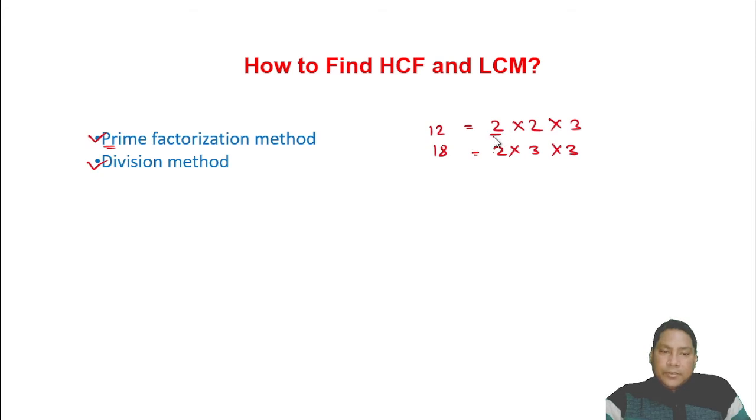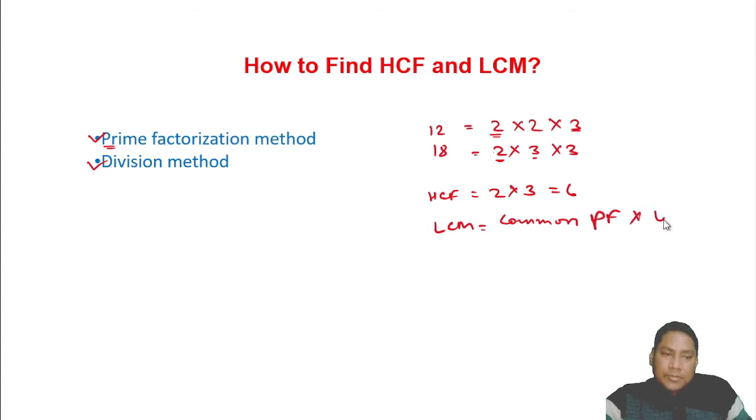These are 2 and 3. So the HCF is the product of the common ones, 2 multiplied by 3, that is 6. Now, LCM. For LCM, the common prime factors multiplied by the uncommon prime factors.